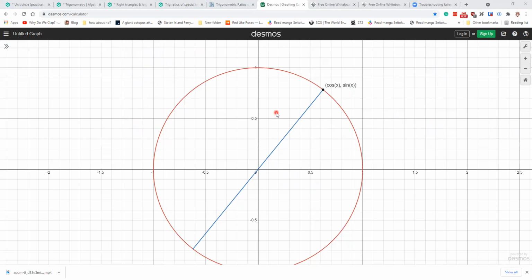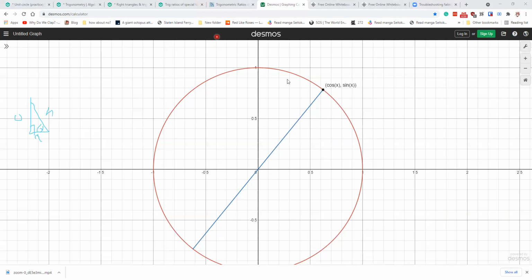So let's just summarize. When we have a right triangle, you can think of sine for an angle between 0 and 90 degrees as being opposite over hypotenuse, cosine being adjacent over hypotenuse, and tangent as being opposite over adjacent.